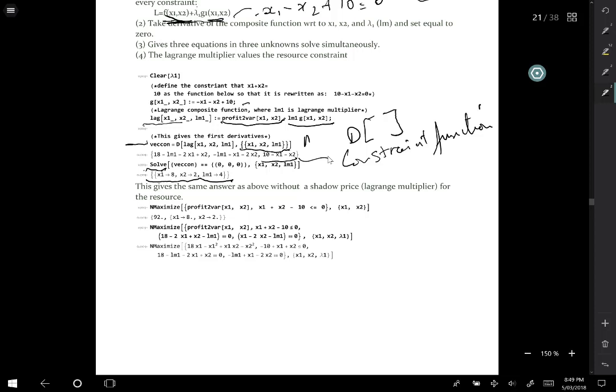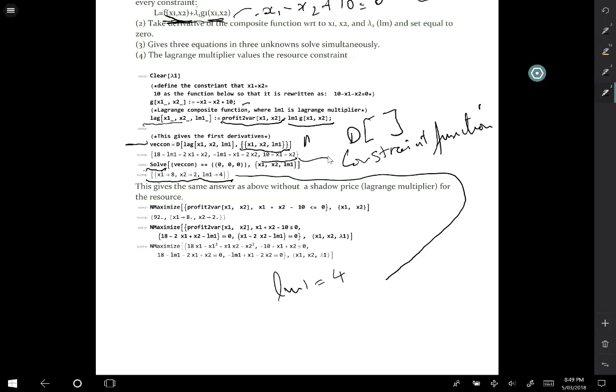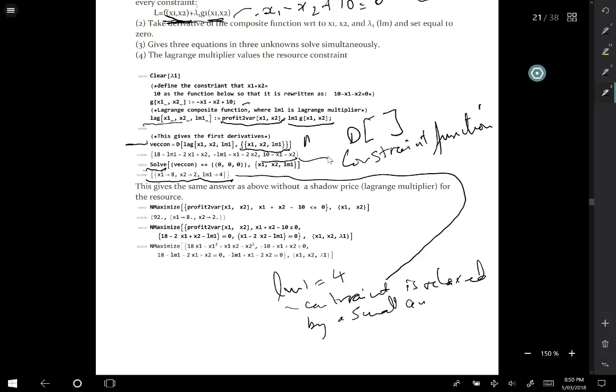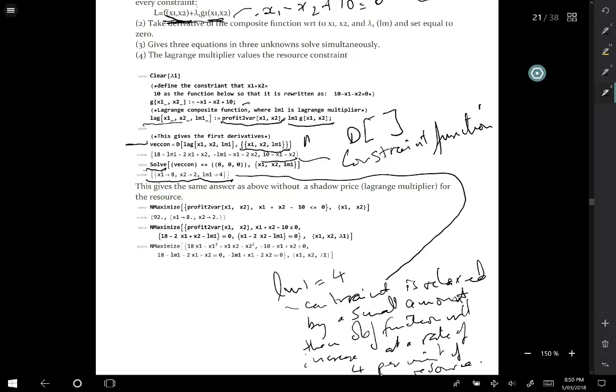And then the bit of extra information that you get is that the Lagrange multiplier is equal to 4, and what that's saying is that if the constraint is relaxed a small amount, the objective function will increase at a rate of 4 per unit of resource or constraint.